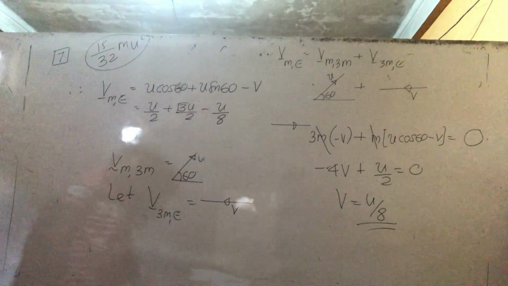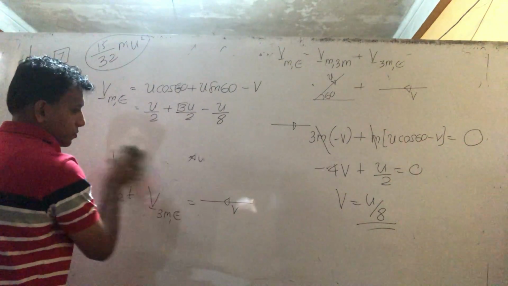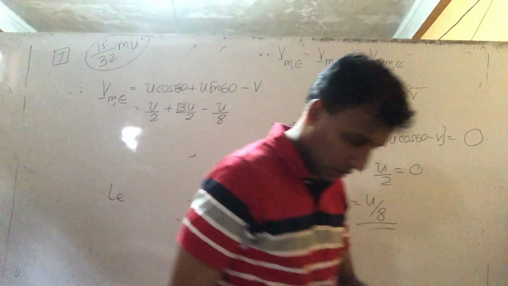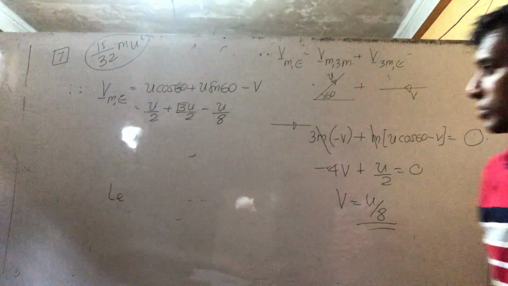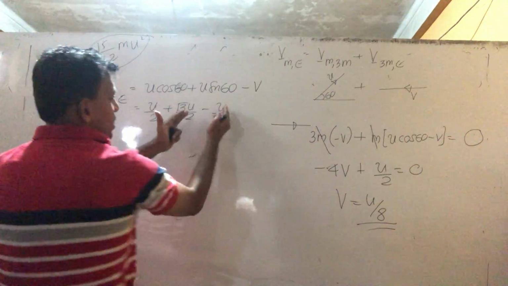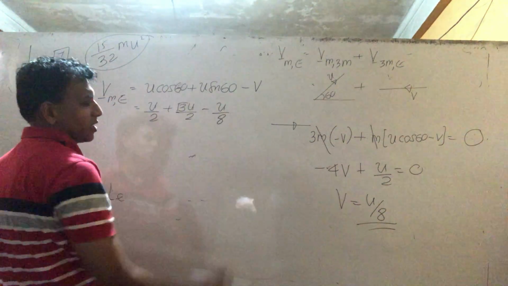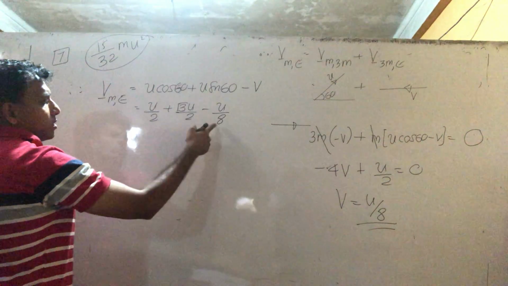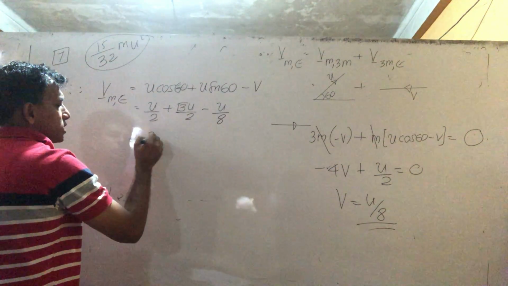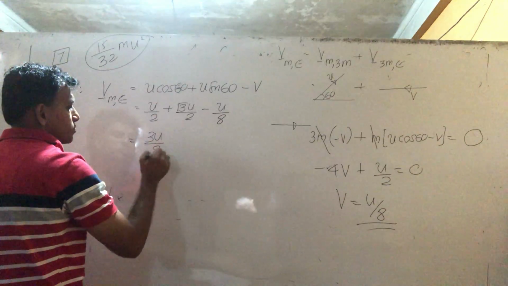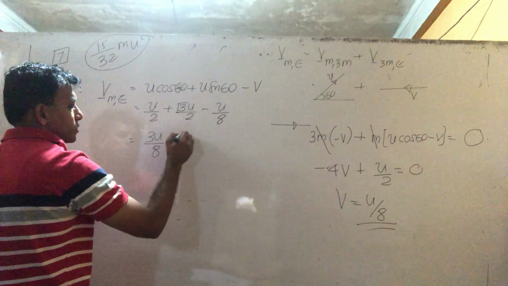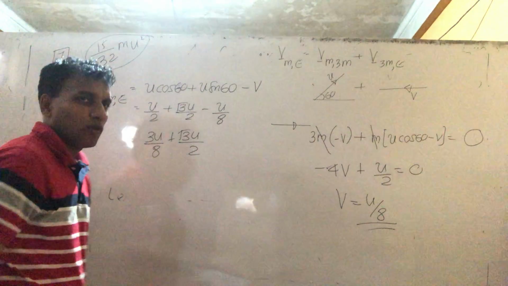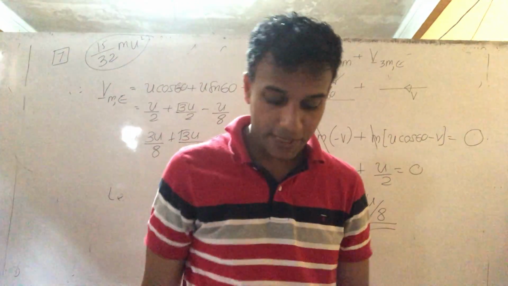Two components: simplify and get the resultant of these two parts. The horizontal part is 3u over 8, and the vertical part is root 3 u by 2. Or further you can simplify, I kept it as it is.